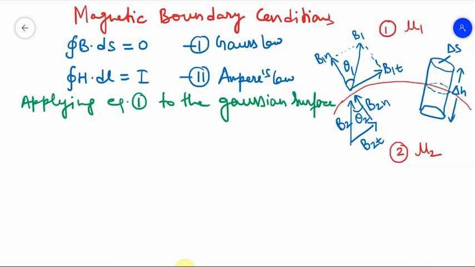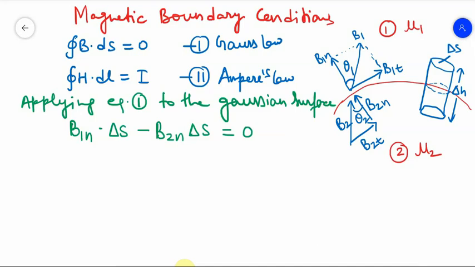This one is B dot ds. B for the upper and lower half we have to take. For the upper half we have the normal component in the first medium, that is B1n dot del S. And for the lower half, the direction is pointing downward, but here this B2n is pointing upward, so we will take the minus sign, B2n dot del S equals to 0.